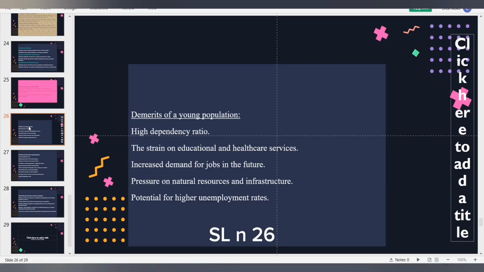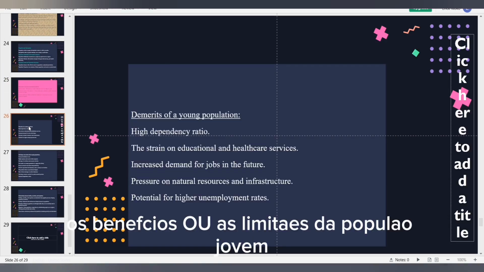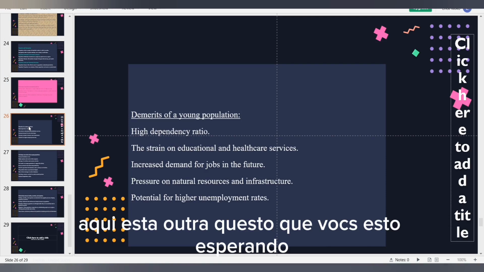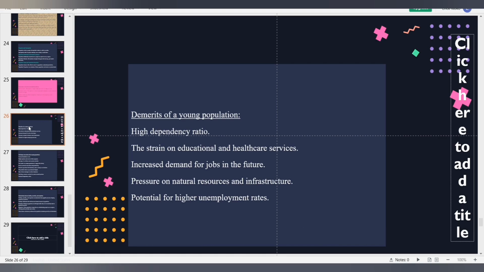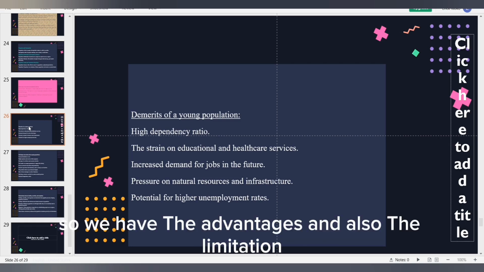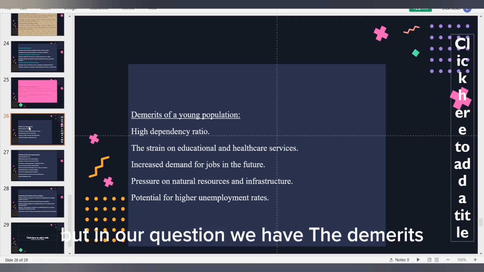Slide number 26. Demerits or the limitations of a young population. This is another question which you are expecting in an exam. Just look for the limitations or the challenges of a young population and an old population, mainly young and old. We have the advantages and also the limitations, but in our question we have the demerits.